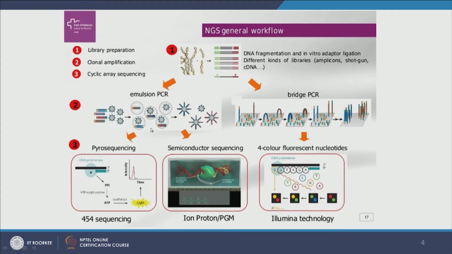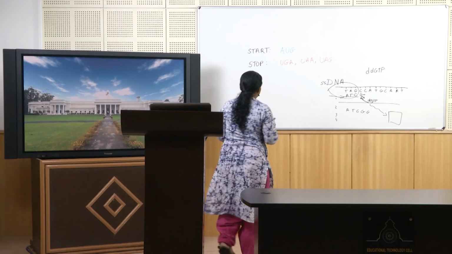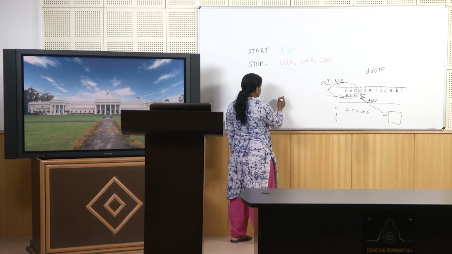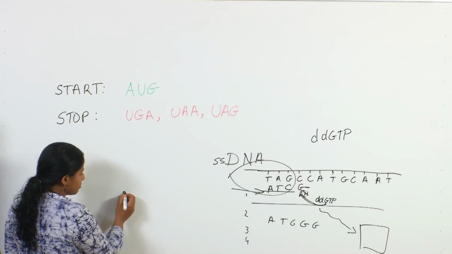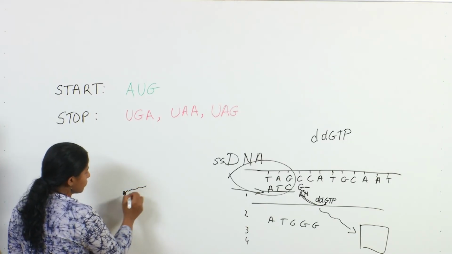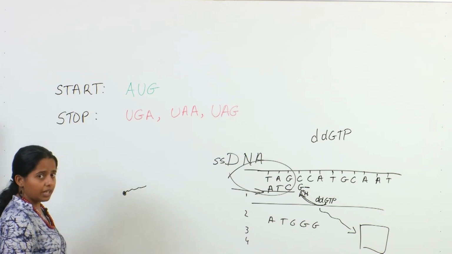Now usually immersion PCR will carry beads in them. So the way it works is that in immersion PCR we have beads. Now a part of your DNA that you want to sequence will attach to this bead.